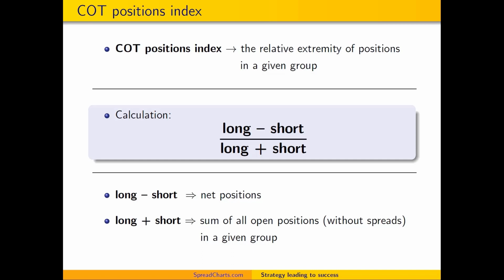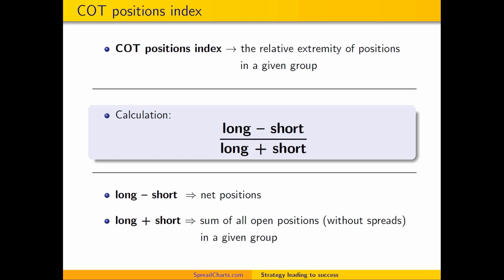Net position stands at 50,000 contracts, but this can indicate two entirely different market situations. There can be 650,000 long positions and 600,000 short positions. That's a pretty balanced state, as the number of long and short positions in a given group is rarely equal.